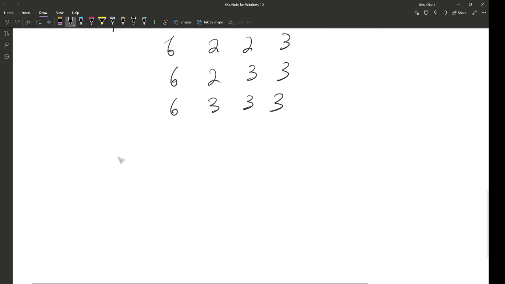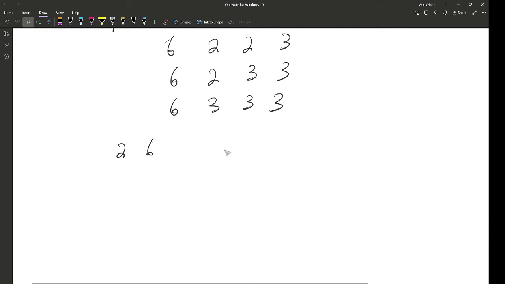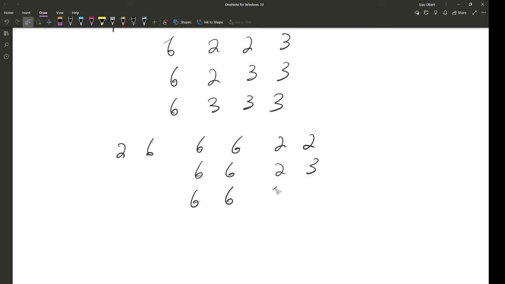And then similarly, we can do the case where we have 2 6s. 2 of the blocks have 6 in height, and then the rest can be all 2s. We can have 1 2 and 1 3, or we can have all 3s.